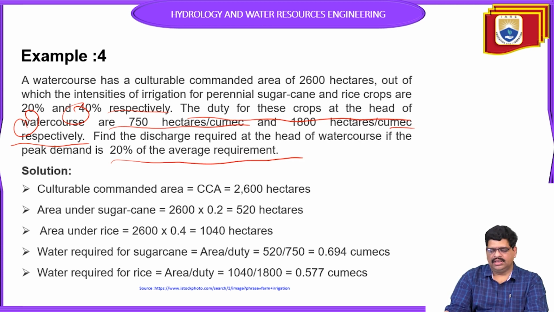What we have to find out? Find the discharge required for the head of the water course if the peak demand is 20% of the average requirement. So let us see that one. The cultivable command area is already given as 2600 hectares.